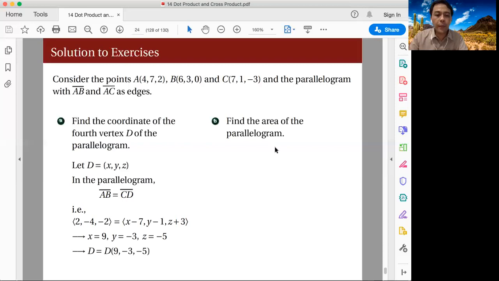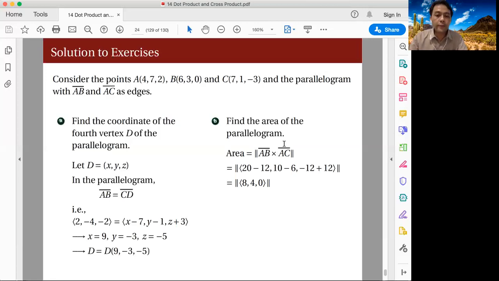Find the area of the parallelogram. So to get the area, we just need two vectors that determine the parallelogram, and those vectors will be the vector AB and the vector AC. So the vector AB is already given. We already know the vector AB here. Then we can compute the vector AC.